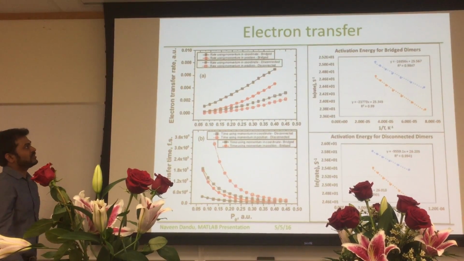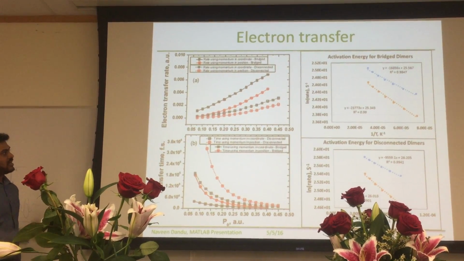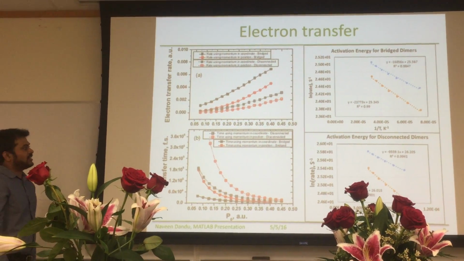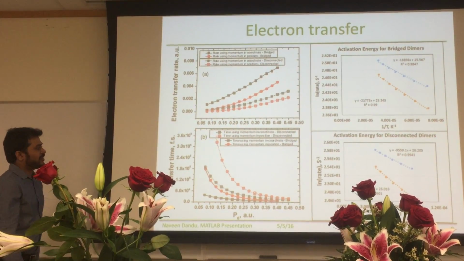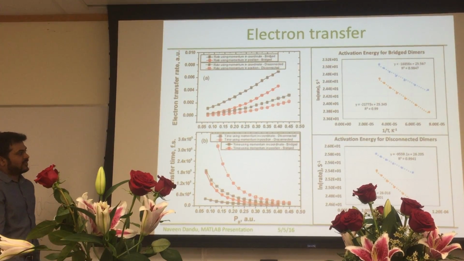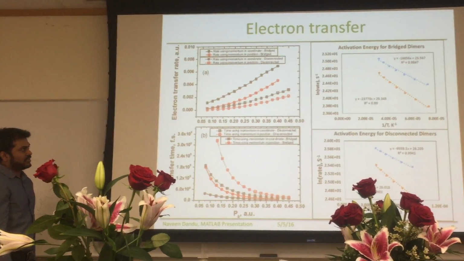The solid line corresponds to the bridged dimers versus the dotted lines, which correspond to the disconnected dimers. As you can see, the rates are much faster for the bridged dimers compared to the disconnected dimers. In the second panel, I am showing the transfer time rates. The time decay is much faster again for the bridged dimers versus the disconnected dimers.